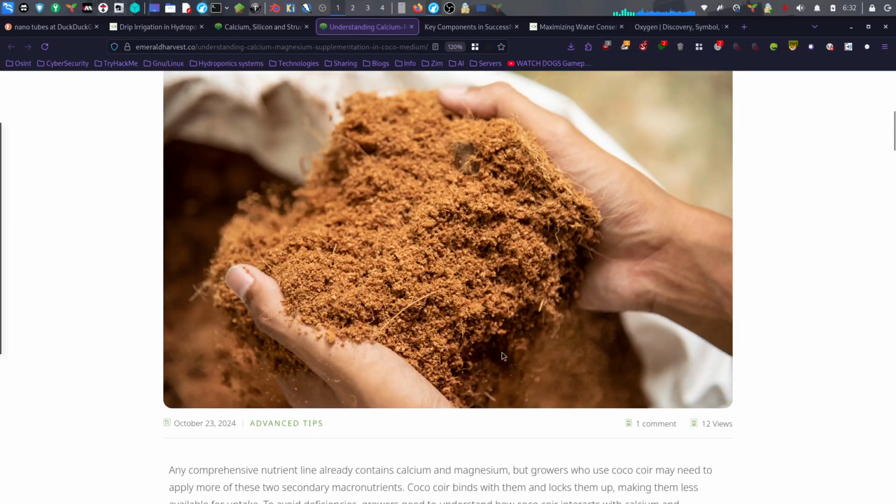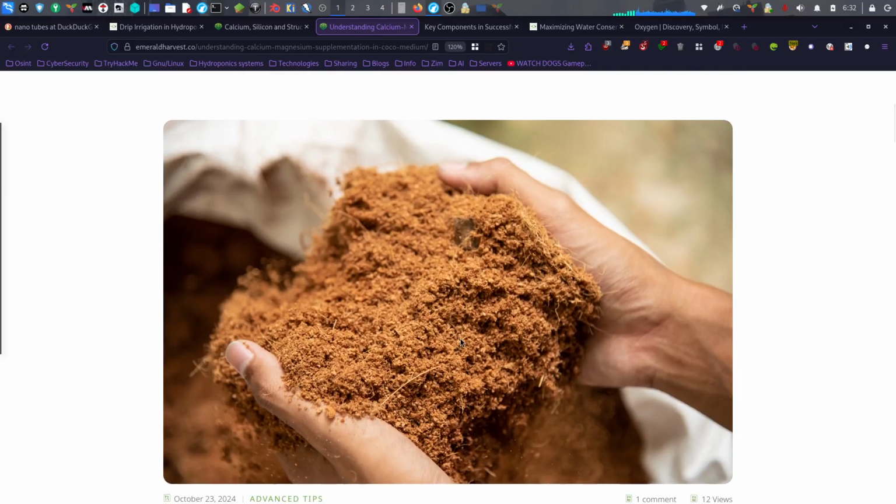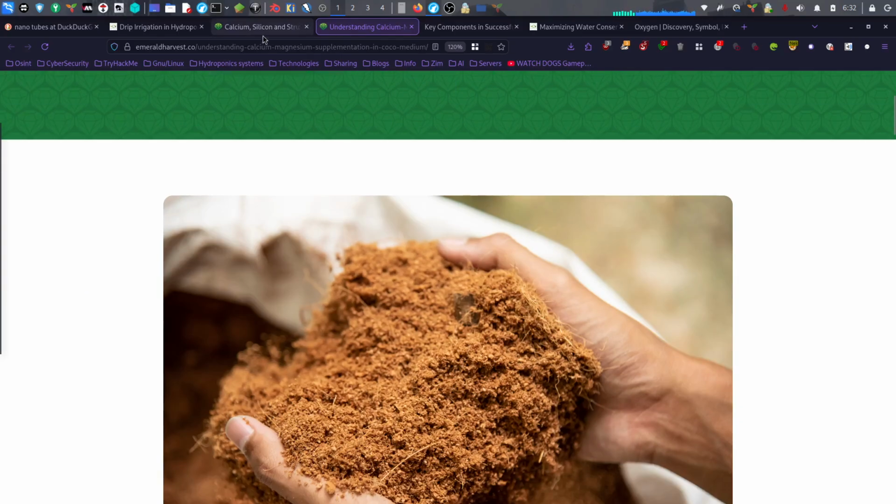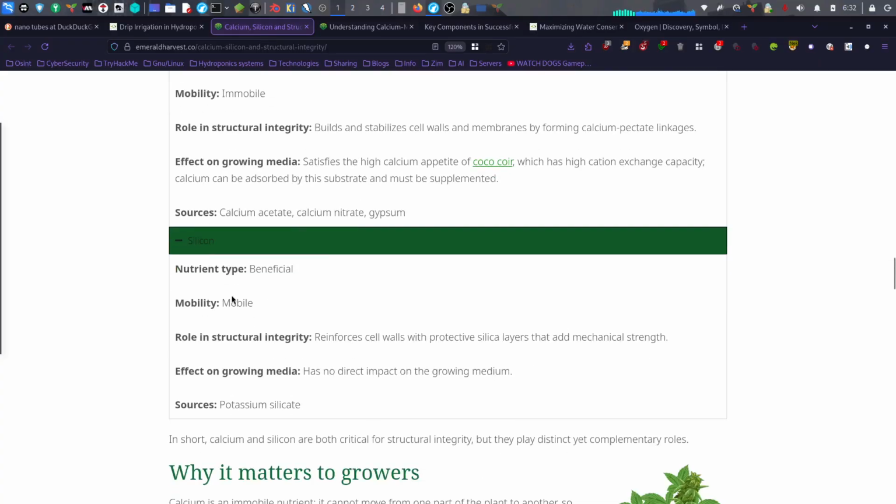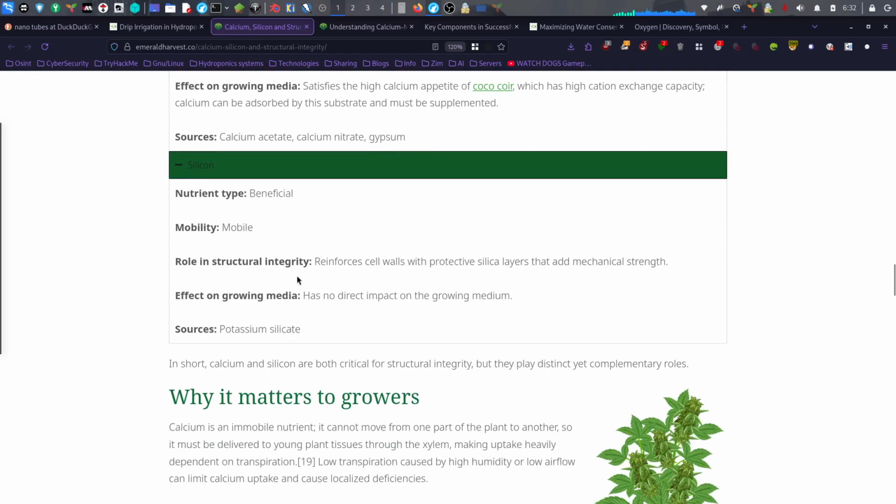This? Okay, like soil. Silicon: nutrient type, beneficial; mobility, mobile; role in structural integrity, reinforces cell walls with protective silica layers to add mechanical strength. Okay, we understand it.